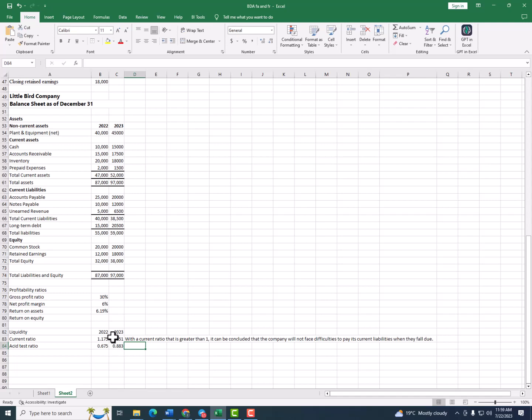Right? The acid test ratio, and also you can see it's increasing, right? So the company is improving. So when it comes to liquidity, the greater the current ratio and the greater the acid test ratio, the better.